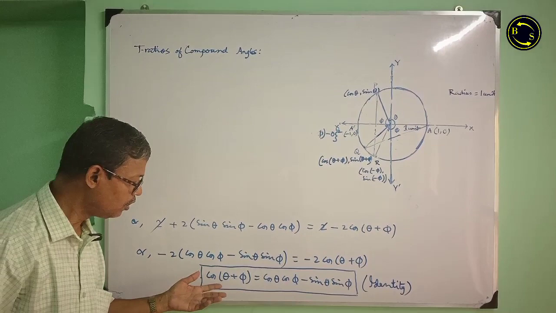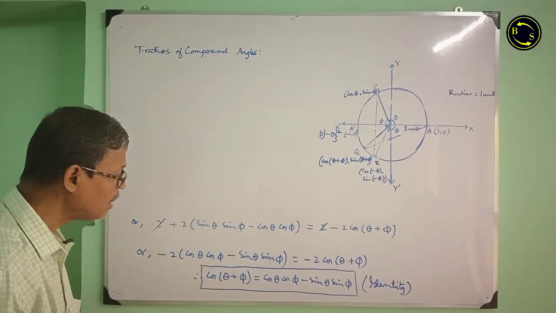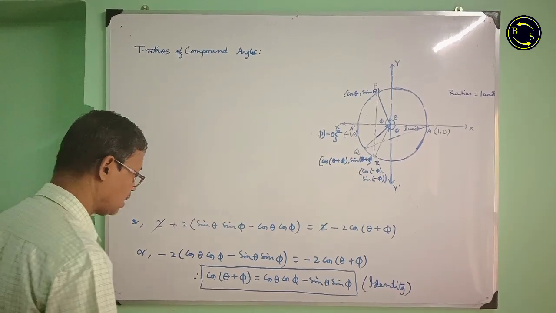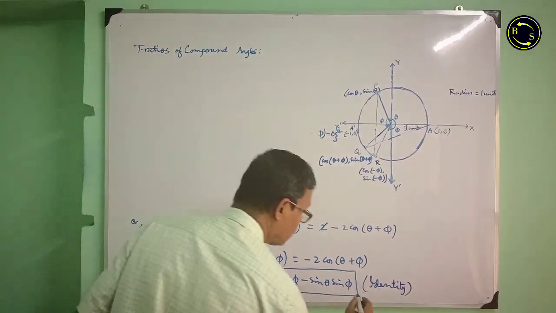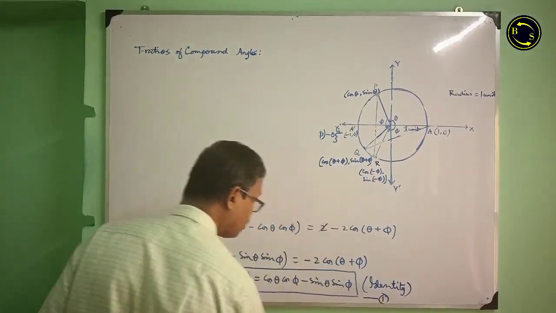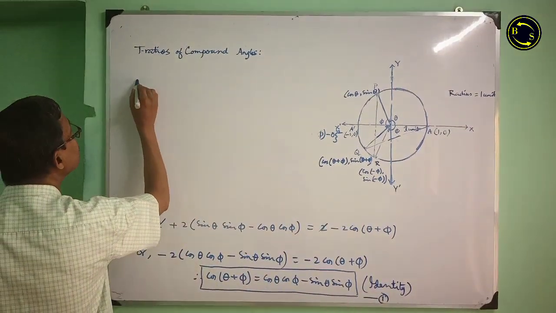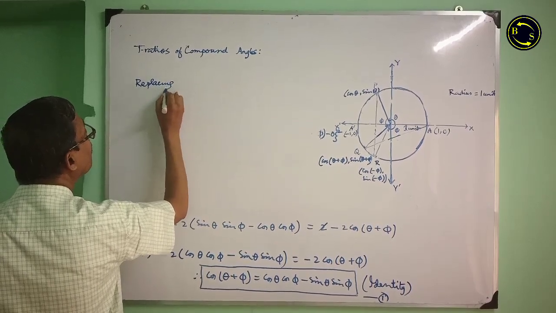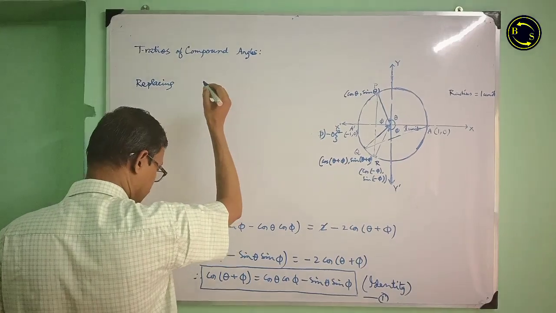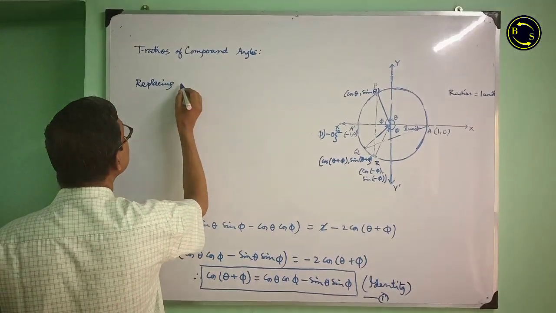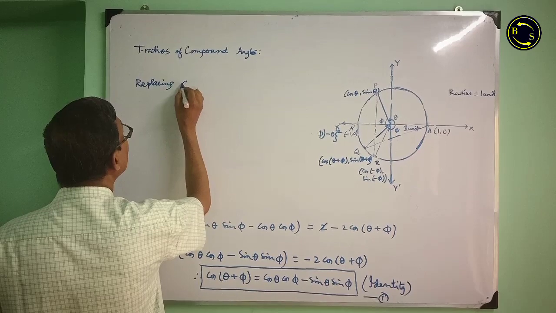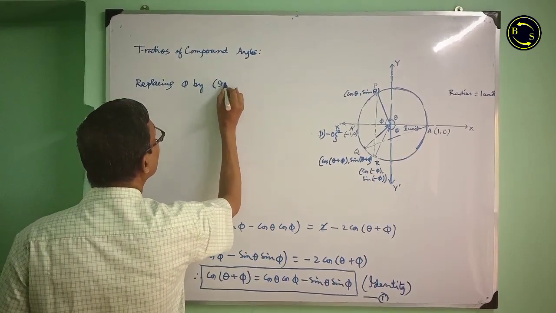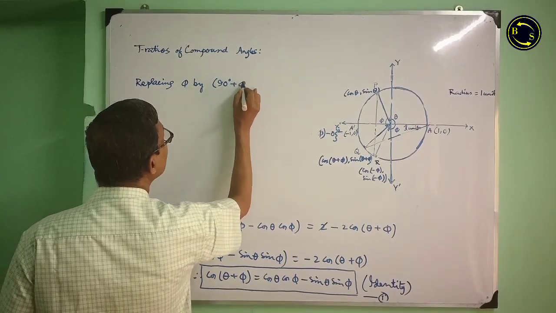Putting suitable values of theta and phi, we can find also sin of theta plus phi. I call it number 1. Replacing phi by 90 degree plus phi, what we get?